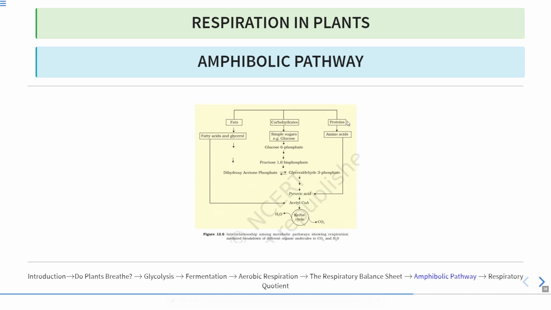Now you can see the proteins. The proteins are converted to amino acids, and these amino acids can also be converted to pyruvic acid. So it is skipping all the glycolysis process, right? Now, if you see the fats, fatty acid and glycerol. Fats are broken down into fatty acids and glycerol, and the fatty acid is changed to acetyl coenzyme A and can enter the Krebs cycle directly.